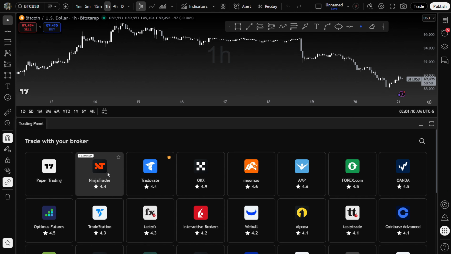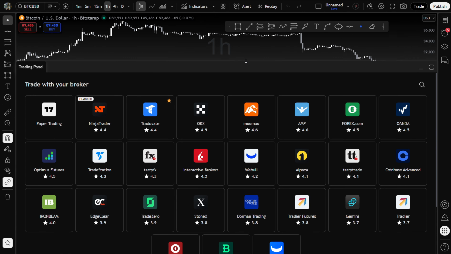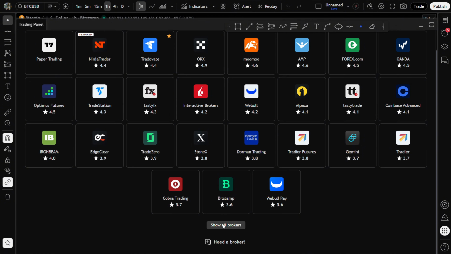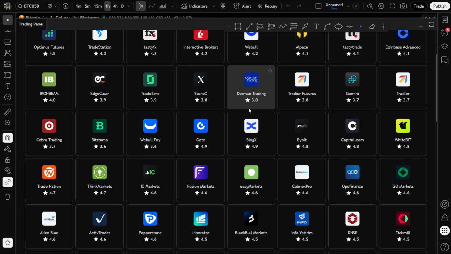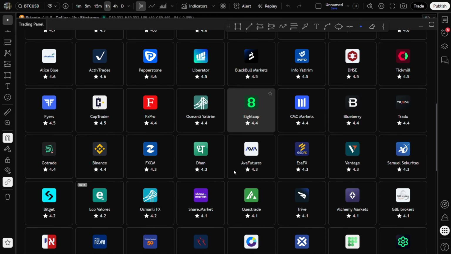And if you're trading Forex or some other asset, you have Forex.com, OANDA. There are fewer brokers here, right, that you can choose from, more than a few. If you need any more brokers, you can go to Show All Brokers, and they show you even more brokers.